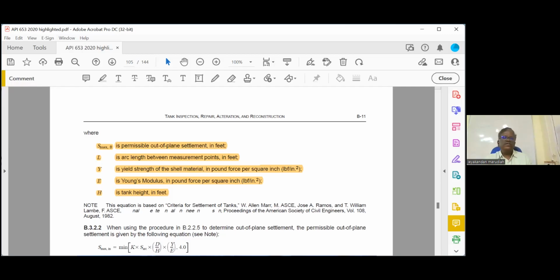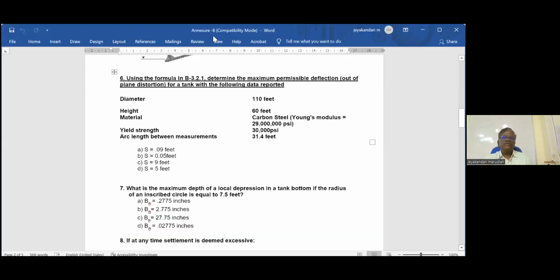Okay, so calculate question number 6 using the formula. Using formula B3.2.1, determine the maximum permissible deflection, out of plane distortion, for a tank with the following data.